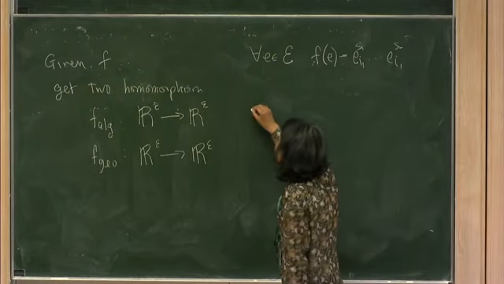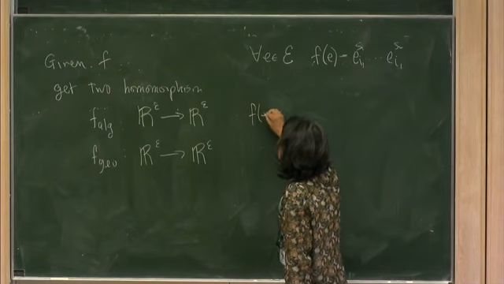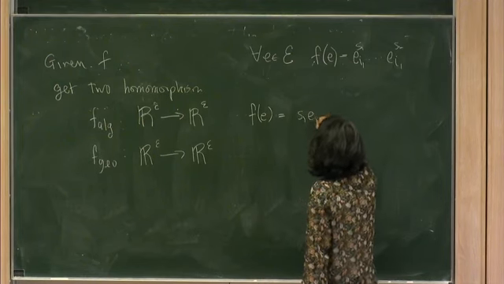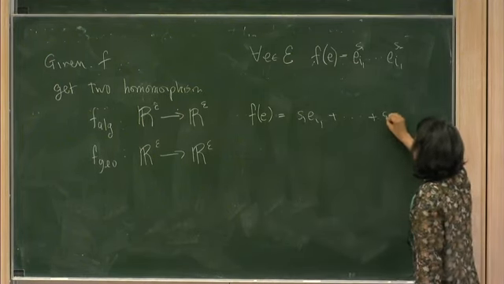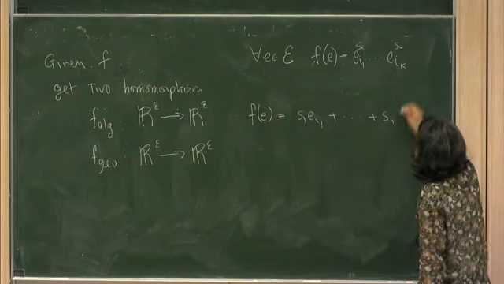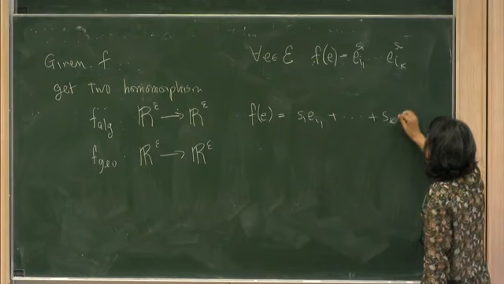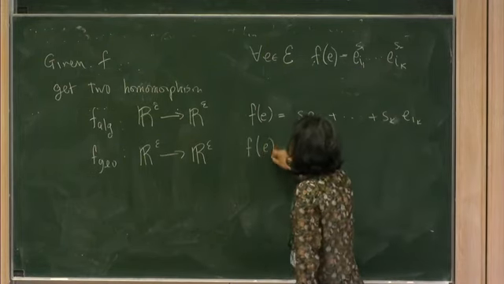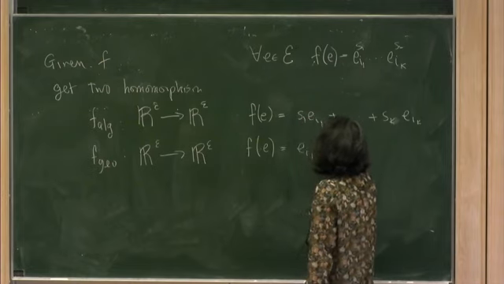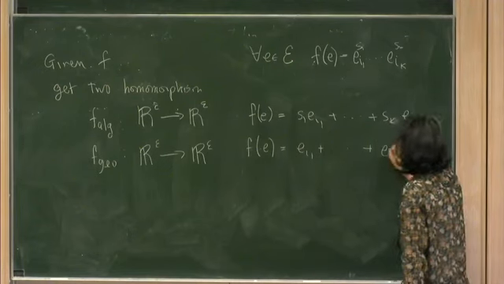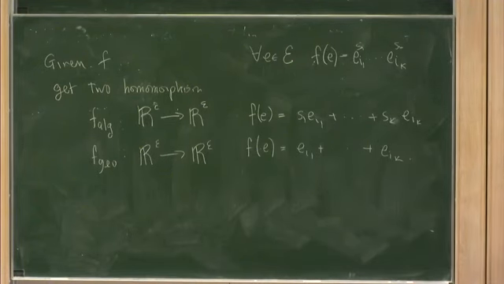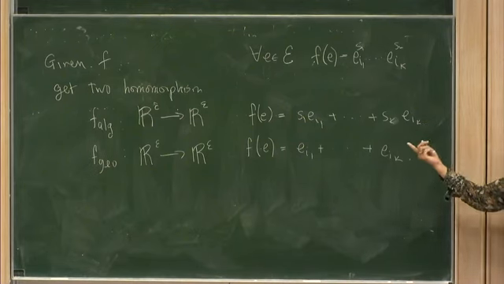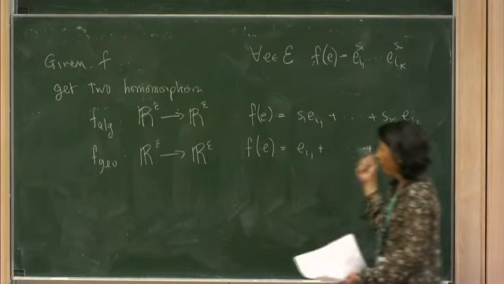Then the algebraic map sends e to s_1 e_{i_1} plus ... plus s_k e_{i_k}, and the geometric one sends it to the positive sum. Here you can see already that there can be cancellations, whereas here you're counting everything.